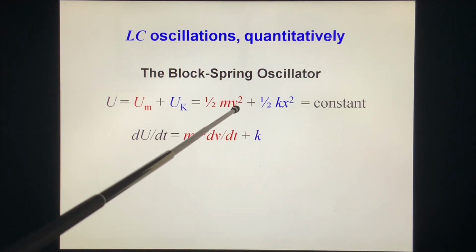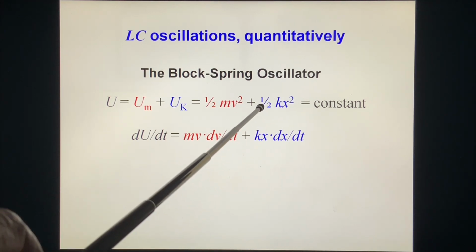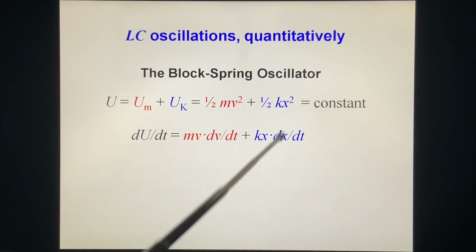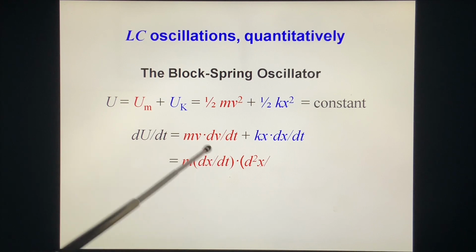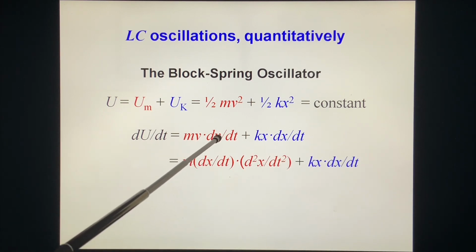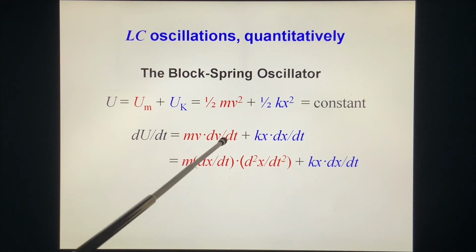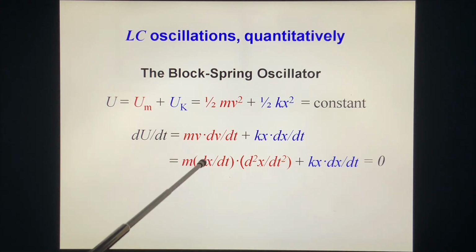We do this: m v dv/dt plus kx dx/dt equals 0, the halves cancel. And v is dx/dt, so dv/dt is the second derivative of x with respect to t. This is equal to 0.